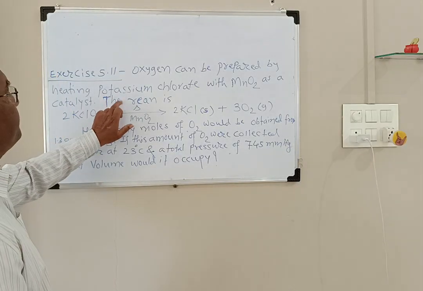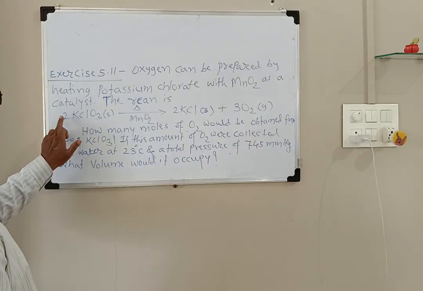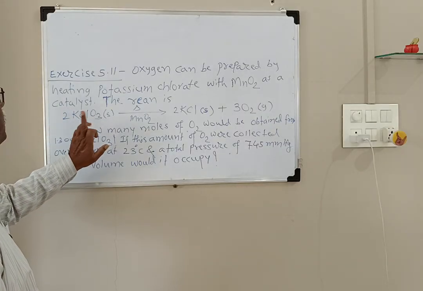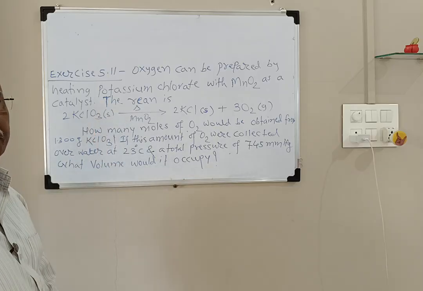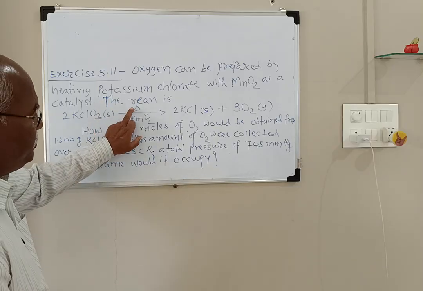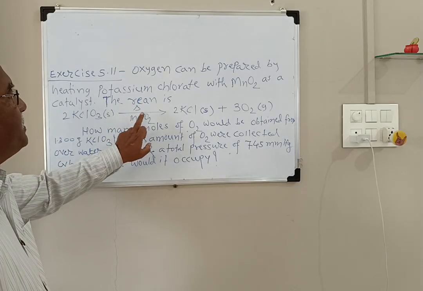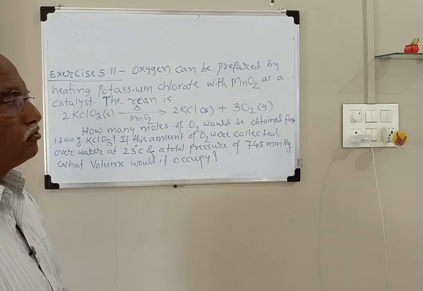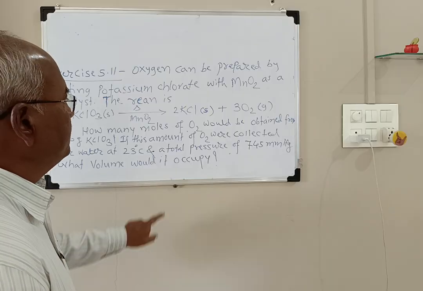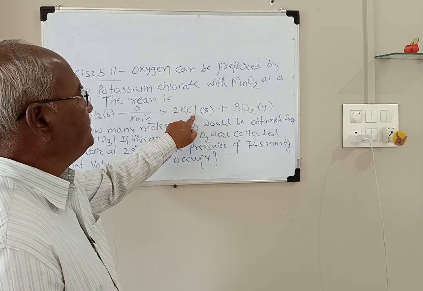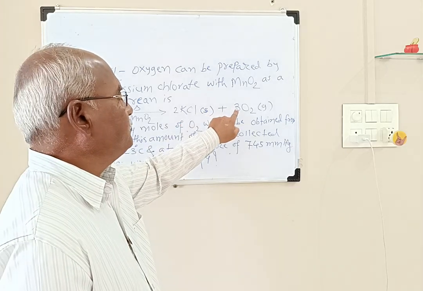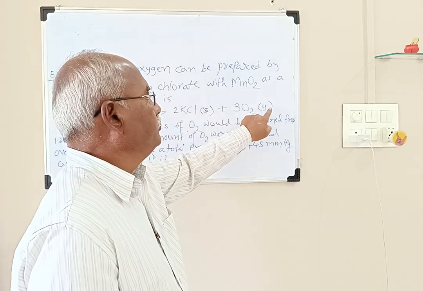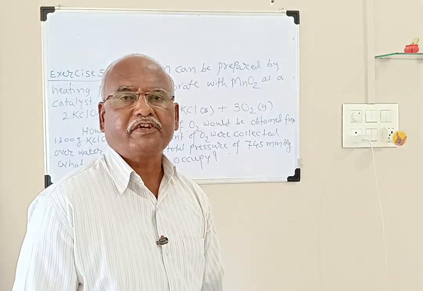The reaction is 2 KClO3, which is in solid state, is heated with manganese dioxide catalyst MnO2. It gives 2 KCl in solid state and 3 O2 which is in gaseous state.